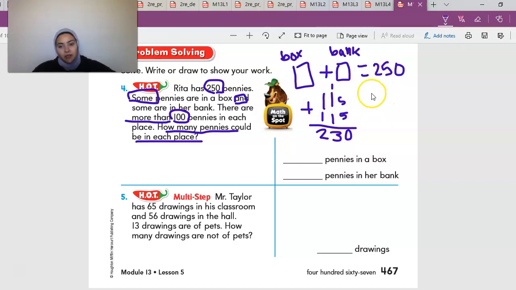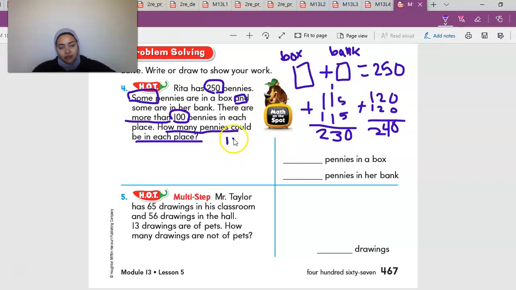Well, let's try 120. You want to try 120? 120 plus 120 is what? 0 plus 0 is 0, 2 plus 2 is 4, and 1 plus 1 is 2. Is that enough? No, it's 240. Our number is 250. What if we do 125?